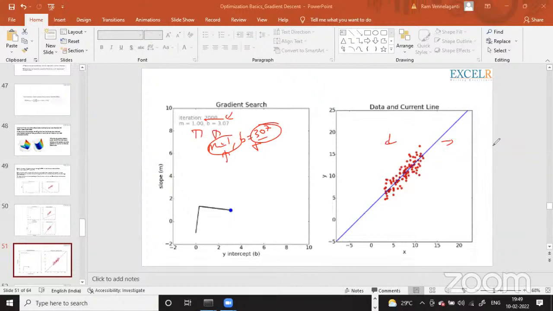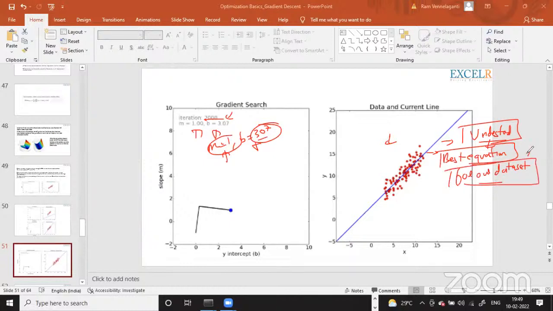After 2000 iterations, you can understand that this is the line of best fit. This is the best equation for our data set. Okay, that is what we are going to do.